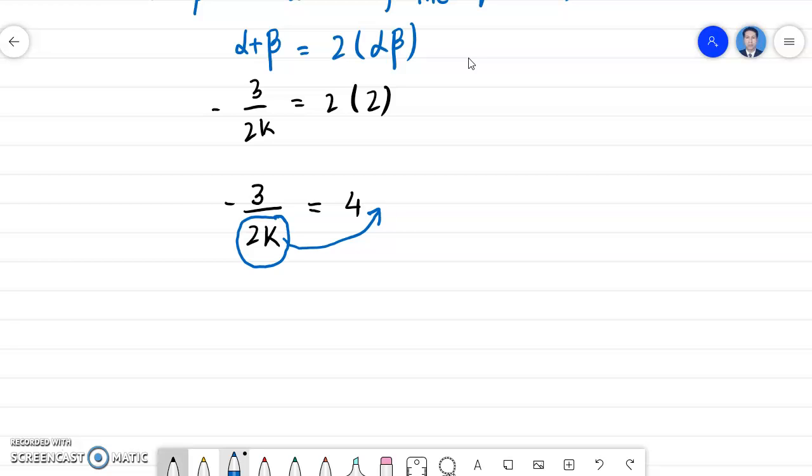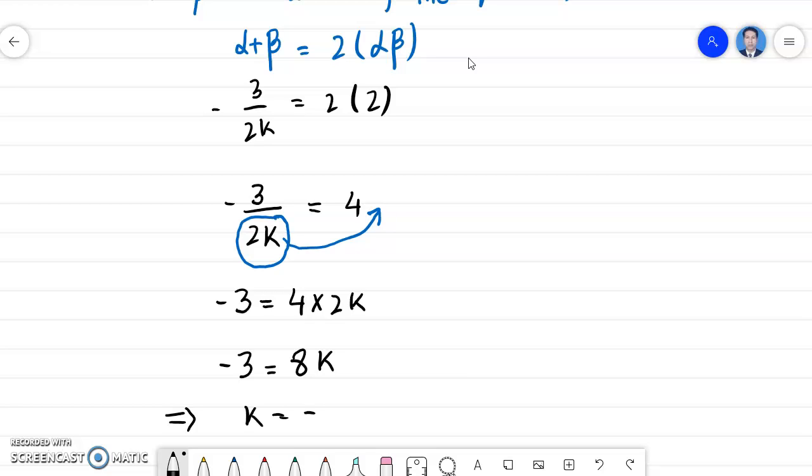So we get minus 3 is equals to 4 multiplied by 2k. So minus 3 will be equal to 8k. This is 8k. So this implies that k is equals to minus 3 over 8.